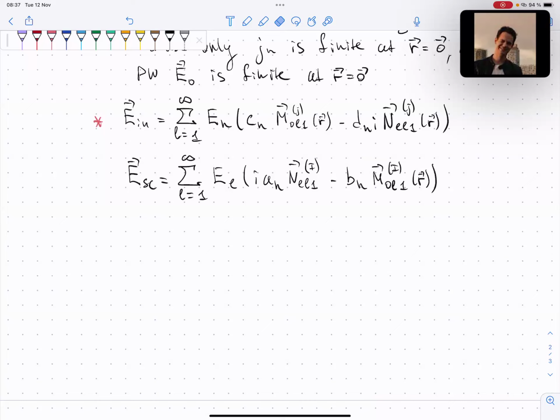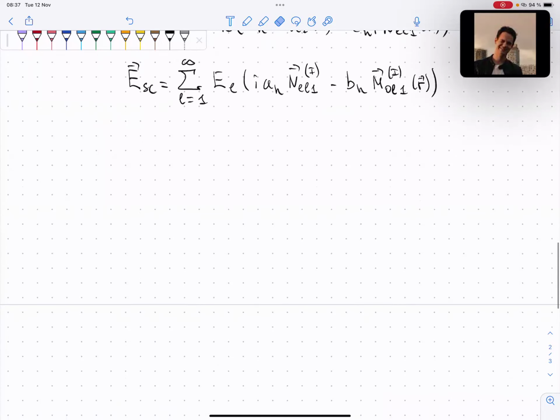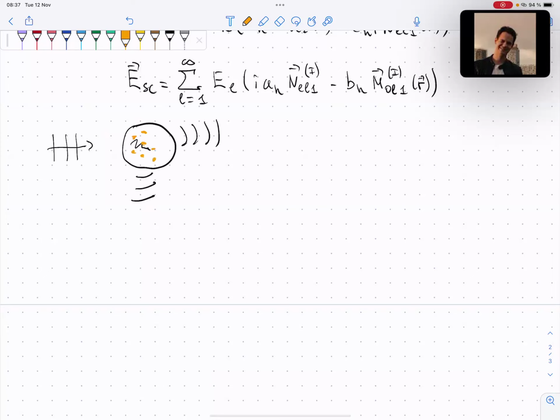Because only the incident field has components incoming to the resonator, the scattered field should be only an outgoing wave: we have the incident plane wave, the resonator, some fields inside, and an outgoing wave, the field that is produced by these atoms.